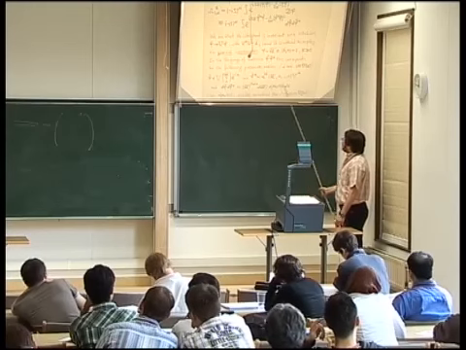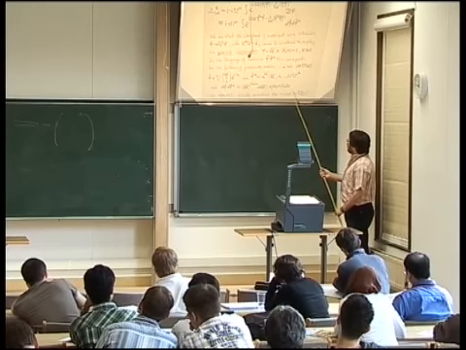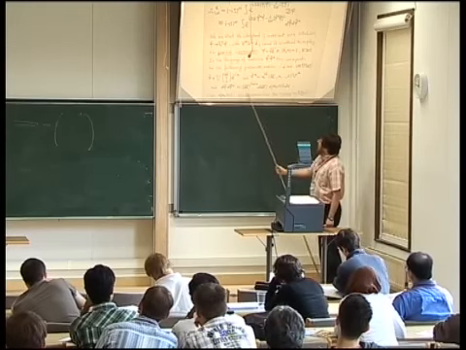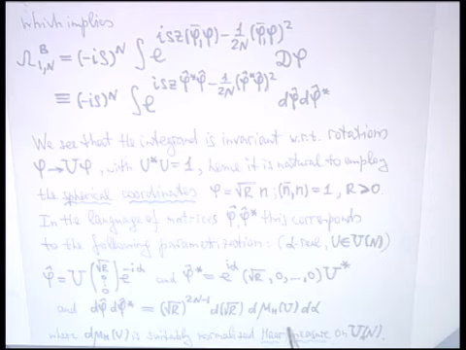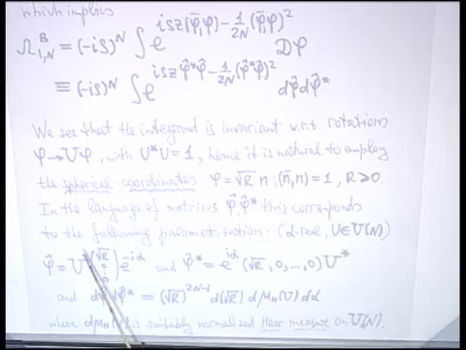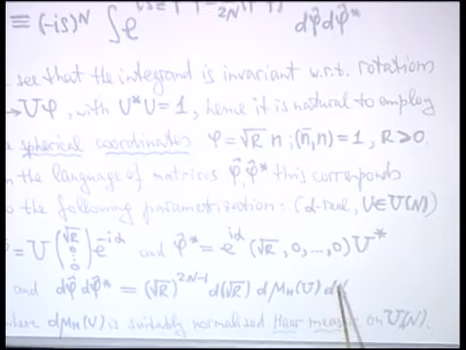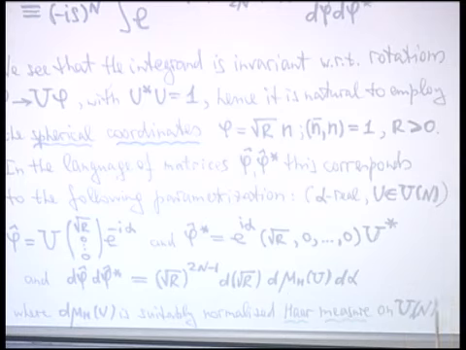It's here explicitly. It's just a radial part, and the angular part associated with this decomposition is a suitably normalized, say to 1, invariant measure on the manifold of unitary matrices, which is the group U(N).